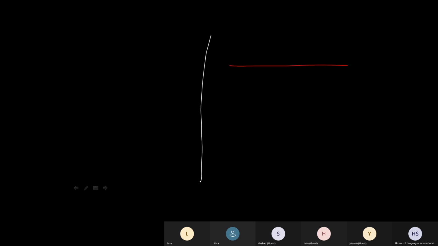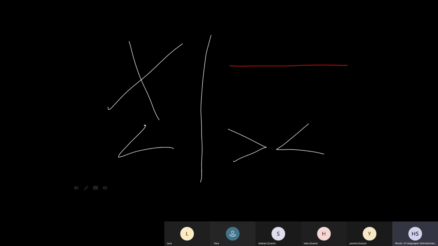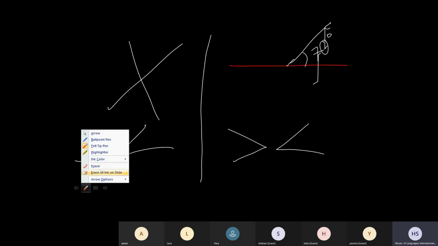And here you have these angles, and here you have these two angles, and here you have these two angles. Now, the first one. If the measure now of this angle is 70.